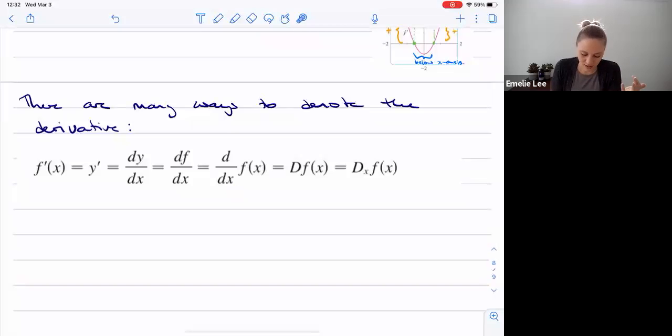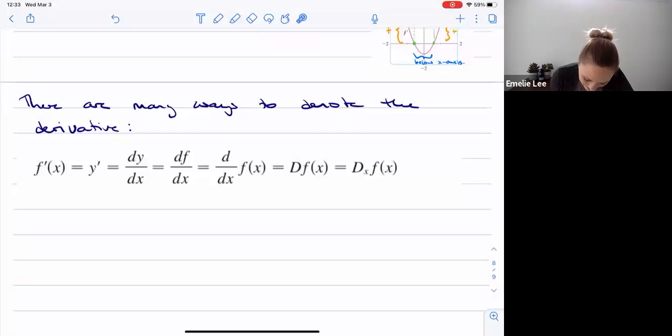For this course, as long as you're able to read all of these and say, yep, I just need to find the derivative here, then you're good. All of these mean the same thing. So just read through the list and make sure that you're able to identify that they are all the derivative.